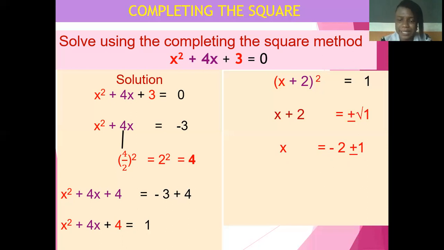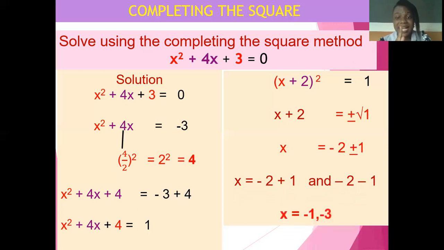So we can now split this into minus 2 plus 1 and minus 2 minus 1. It's either plus or minus 1. So plus and then minus, we split it. Now, this gives us x equals minus 1, comma, minus 3. Or you can write it as minus 3, comma, minus 1 anyway.